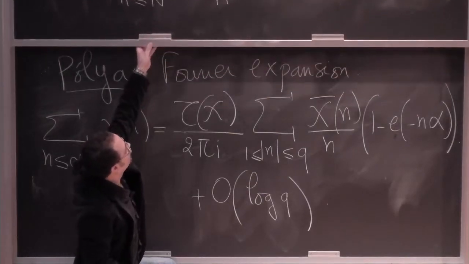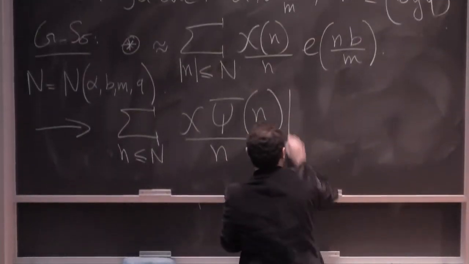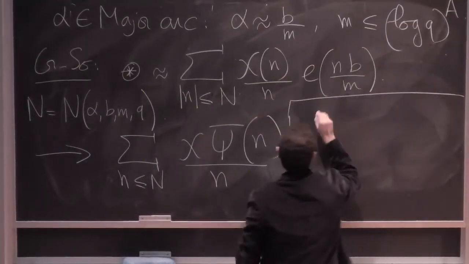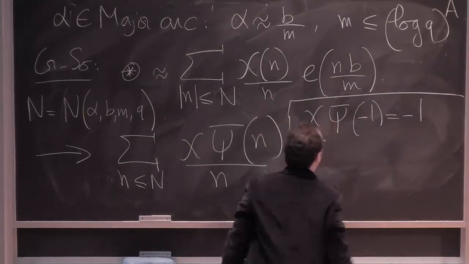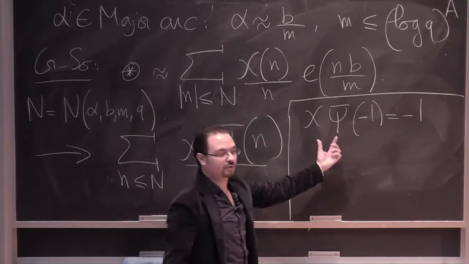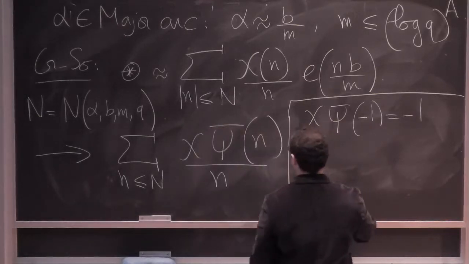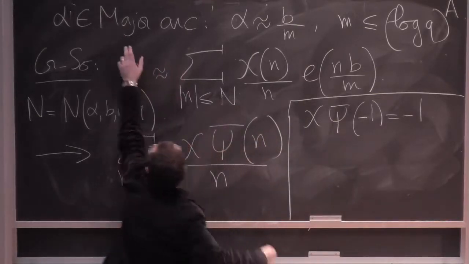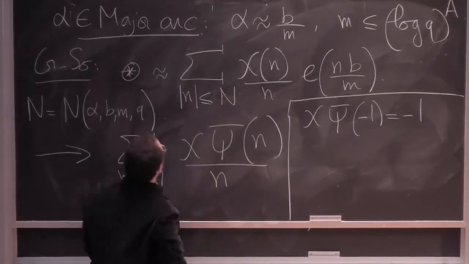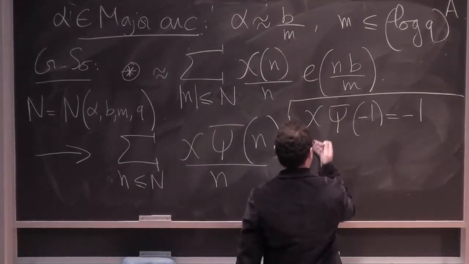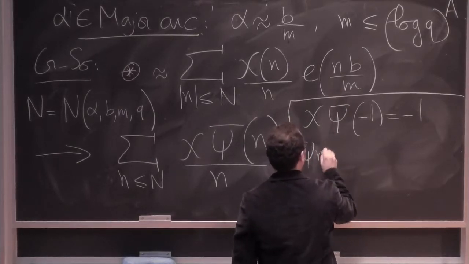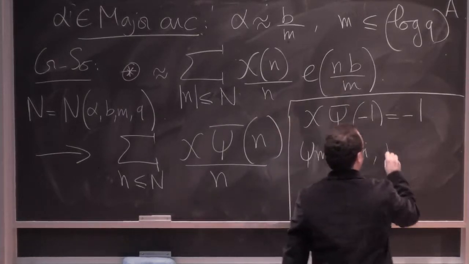And what are the conditions on chi and psi? Well, you need psi to be of opposite parity. We started with chi having order g, and you are in a major arc case where m is small. So m is the conductor of psi. So psi mod m small.